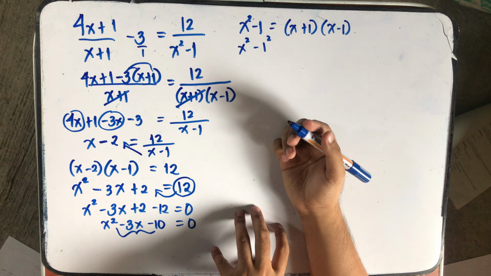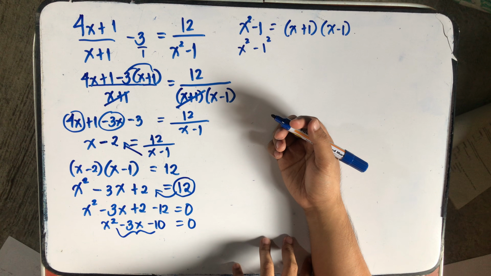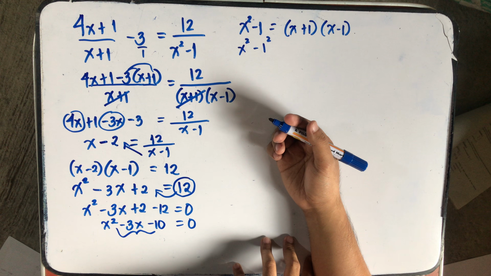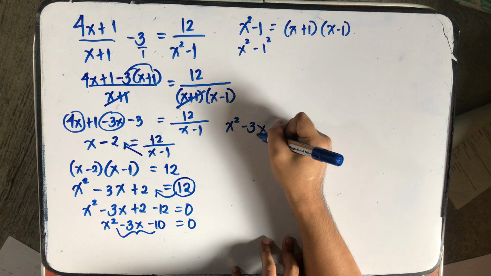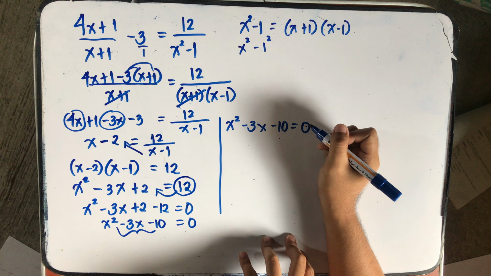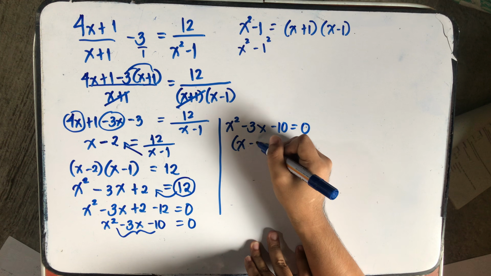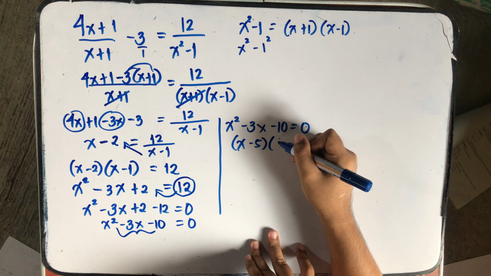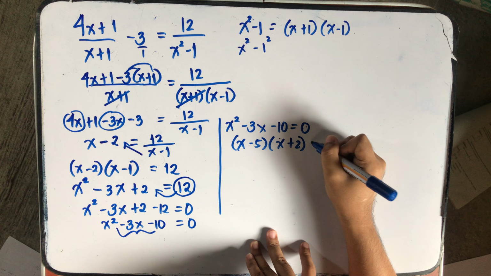If it does not contain factors, or if you cannot determine its factors, all you have to do is to use the quadratic formula. So we have x squared minus 3x minus 10 is equal to 0. So the factors would become x minus 5 times x plus 2 is equal to 0.